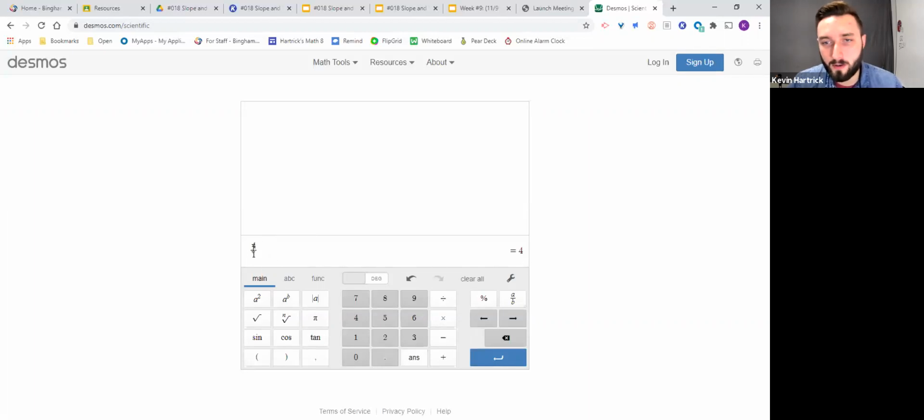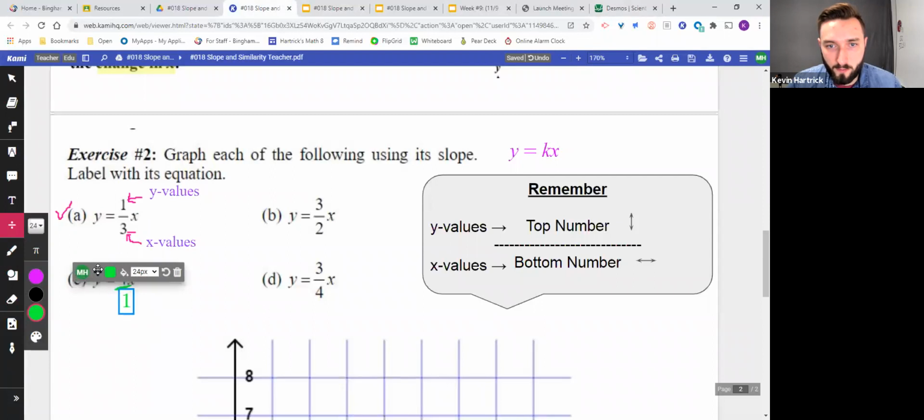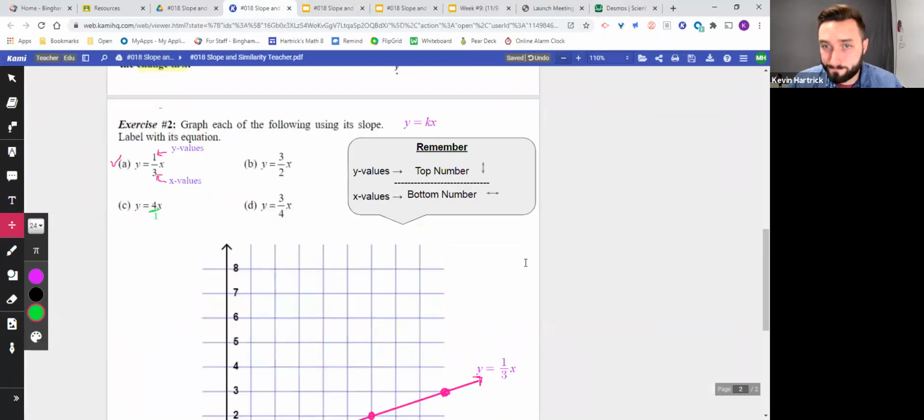So basically what I can do is I can take any whole number and put it over 1, and I'm able to turn it into a fraction. So I'm going to do that. I'm going to put a little slash here, and I'm going to put a 1. That tells me that my slope is 4 over 1. Perfect. So now that I know my slope, I'm able to figure out how to graph it. So let's go back.